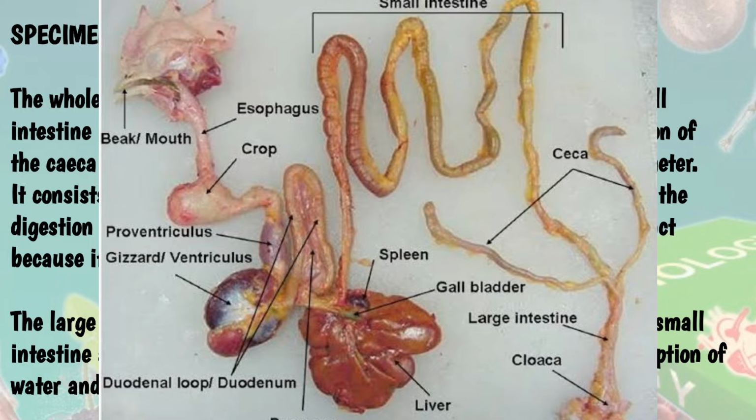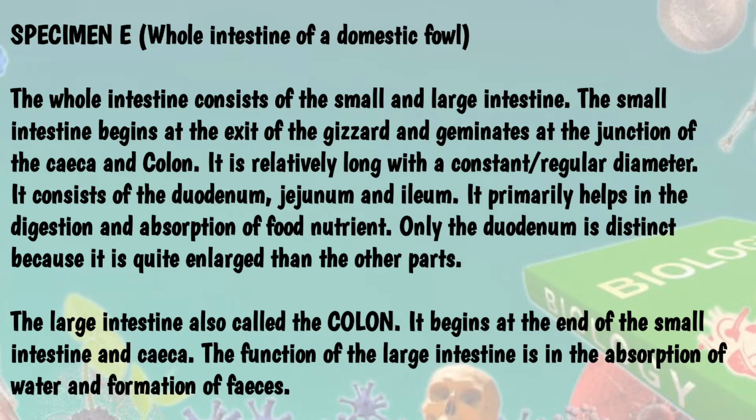Remember, the gizzard is also called the ventriculus, and the small intestine terminates at the junction of the ceca and the colon. Colon also means large intestine. So that's where it begins and ends. It is divided into three parts: duodenum, jejunum, and ileum.